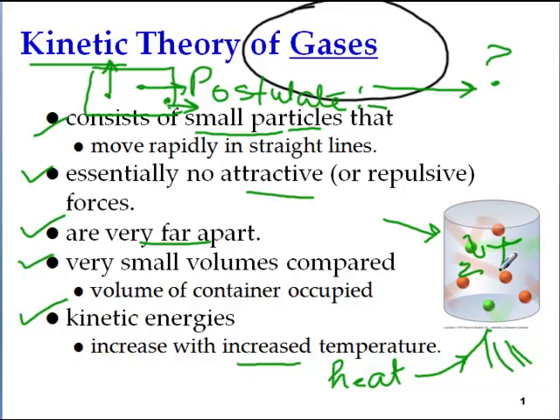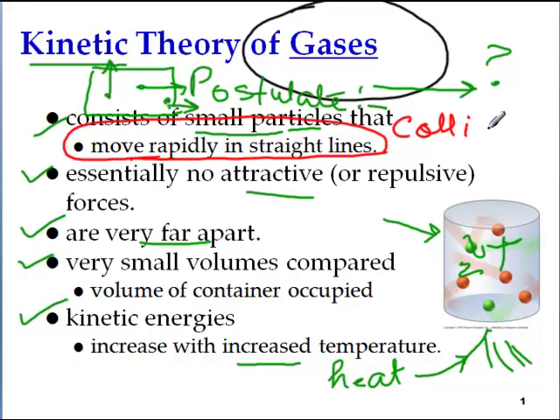Now, if you look at all of these postulates of the kinetic theory, you can pretty much see that there's one that doesn't really make sense, and that is this one. Gas particles do not move in a straight line. They will collide with each other.